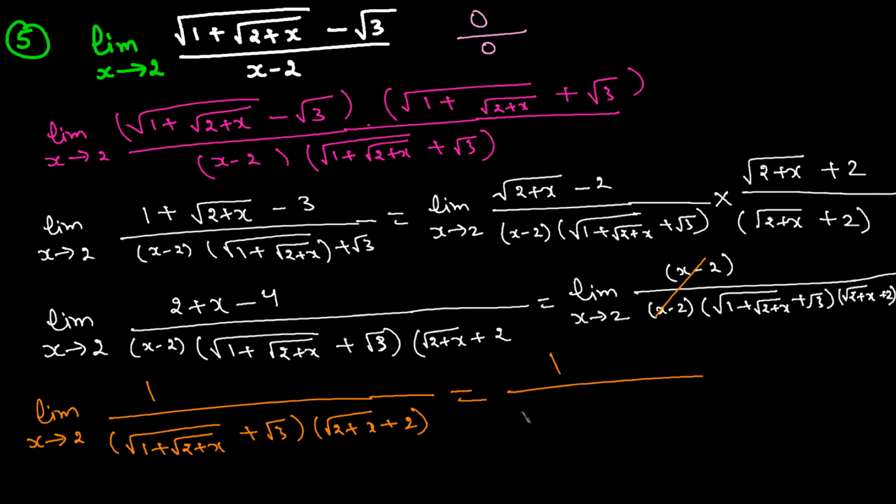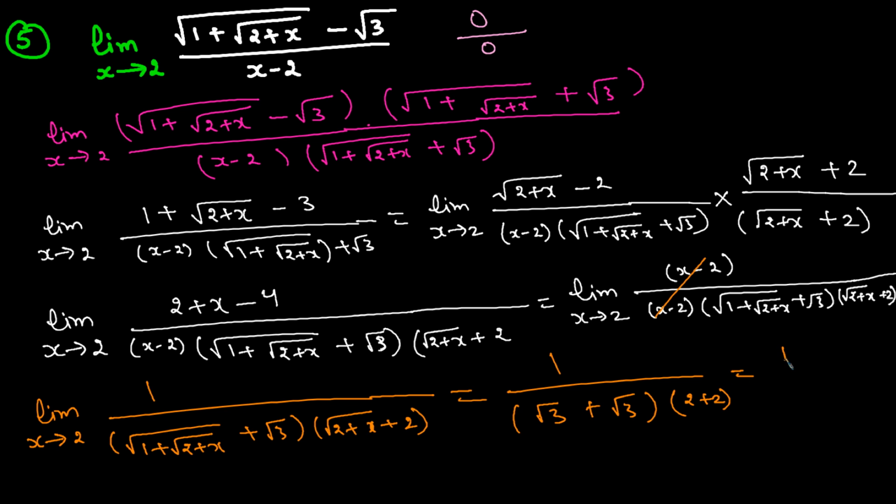What you will get, let's find out. Here, if x is 2, then 2 plus 2 is 4. Square root of 4 is 2, and 2 plus 1 is 3. So I got square root of 3 plus square root of 3. And here I got 2 plus 2, again 4, square root of 4 is 2, and 2 plus 2 is 4.